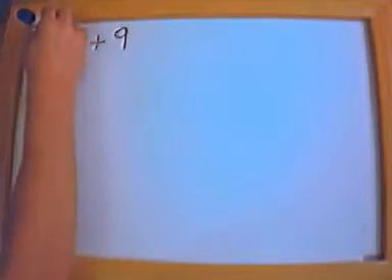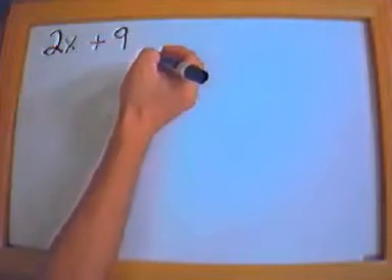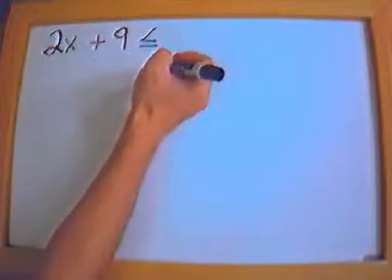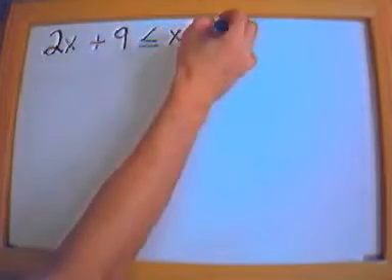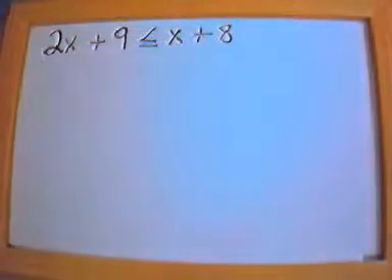So let's say we have 2x plus 9 is less than or equal to x plus 8. Okay?